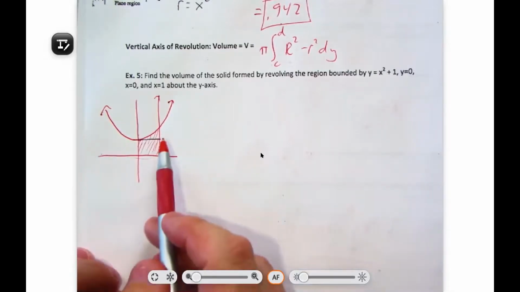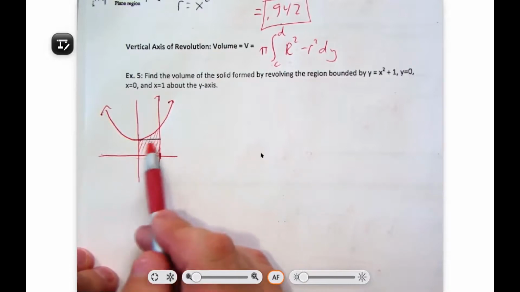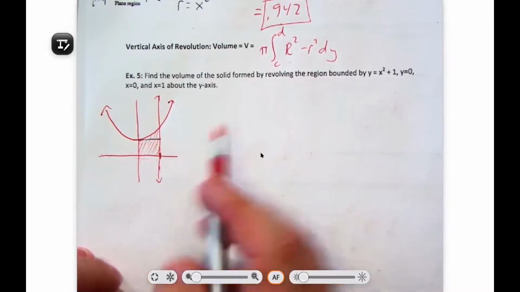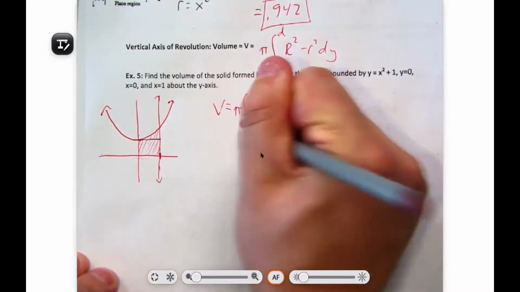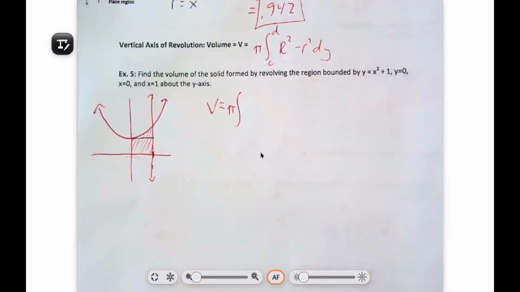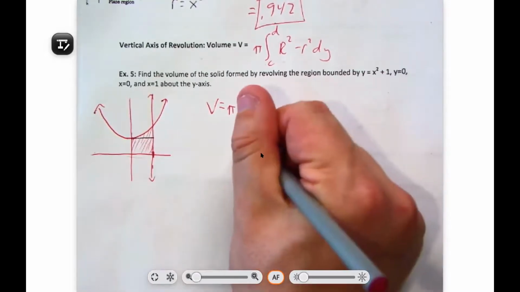So the first thing we're going to do is the little part right here. Volume equals pi, the integral. Now we're integrating in terms of y's, so we're using y limits of integration. The lower limit is 0.